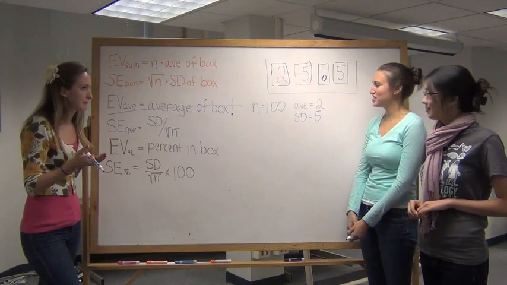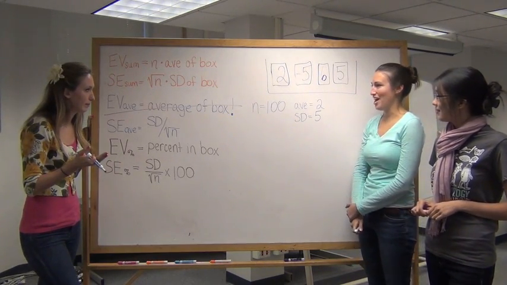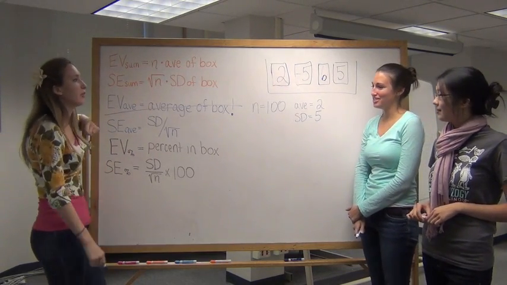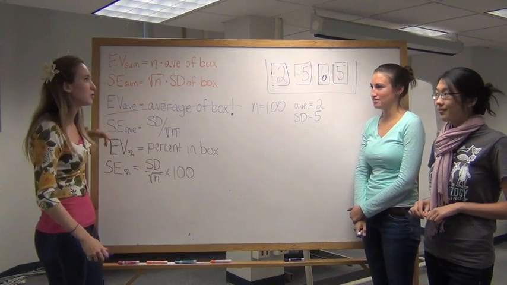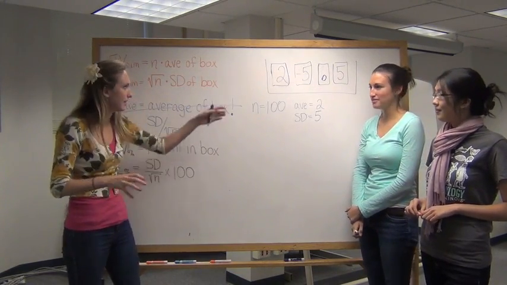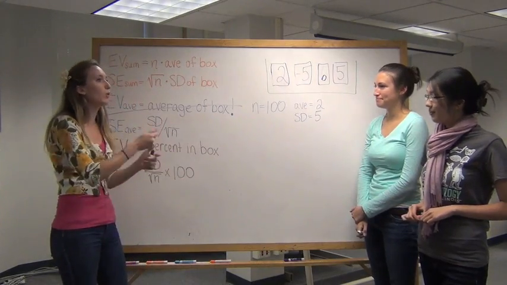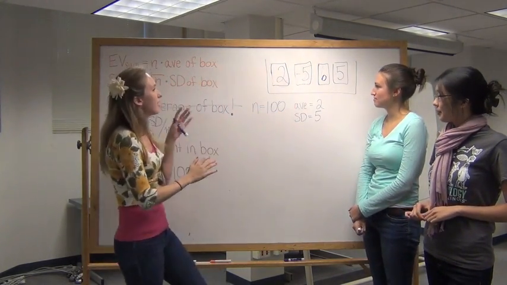Mm-hmm. Does it matter if we're drawing from the box a different number of times? If we had a different n, would the formula still be the same? That's a great question. If we pulled 10 times, 100 times, 1,000 times? I think if this was truly a chance process and the contents were fairly mixed in this box, we would probably still see this equal representation of the extreme high and low end numbers and of those middle numbers.